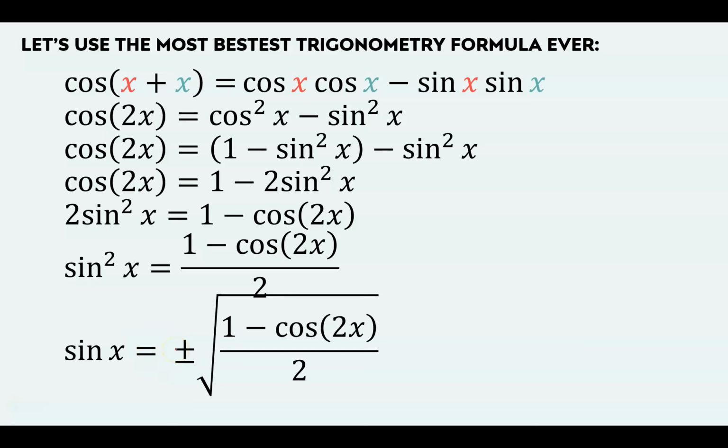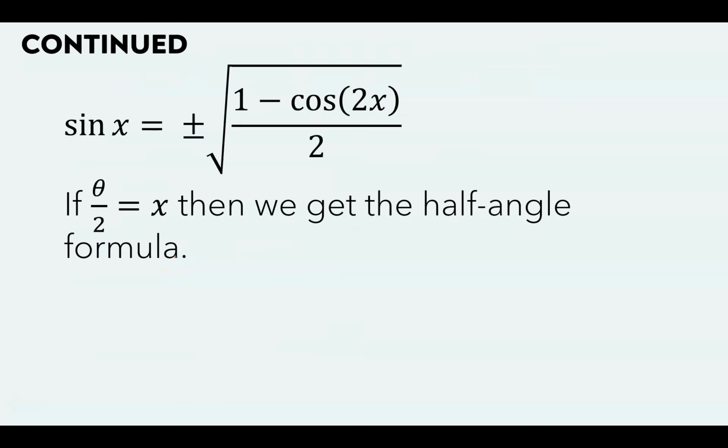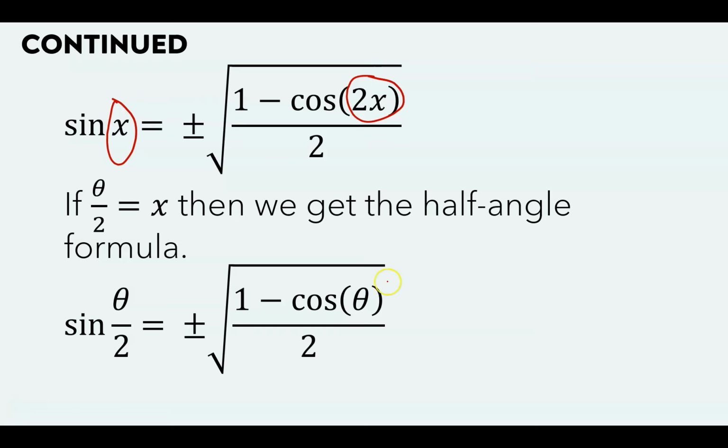If you're using the half angle, you have to choose the correct sign based on what region we're talking about. Almost there. Then for the half angle formula, we're going to replace the x and the x, or really the cosine of 2x, because what we want is something in here that is like the cosine of an angle we know.